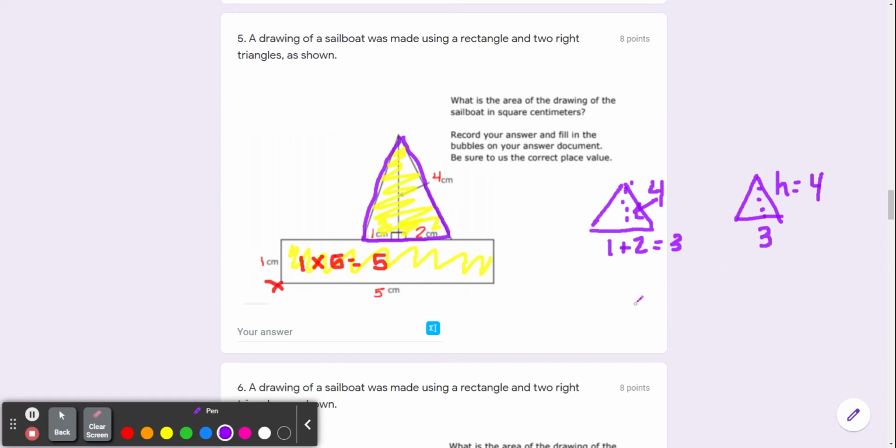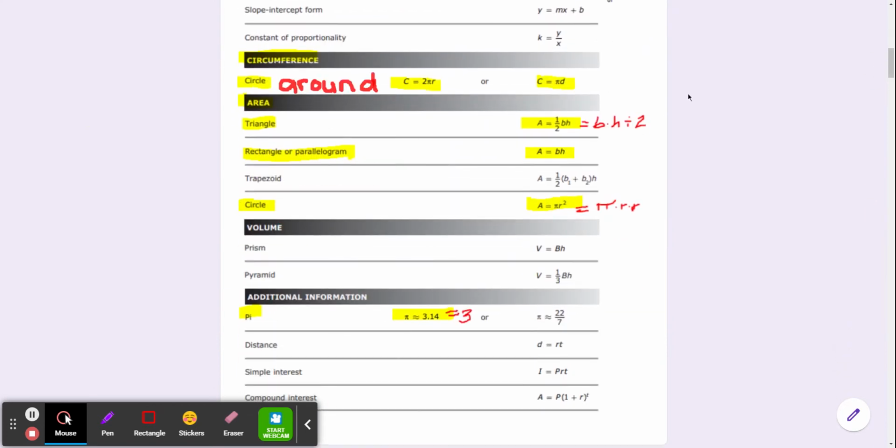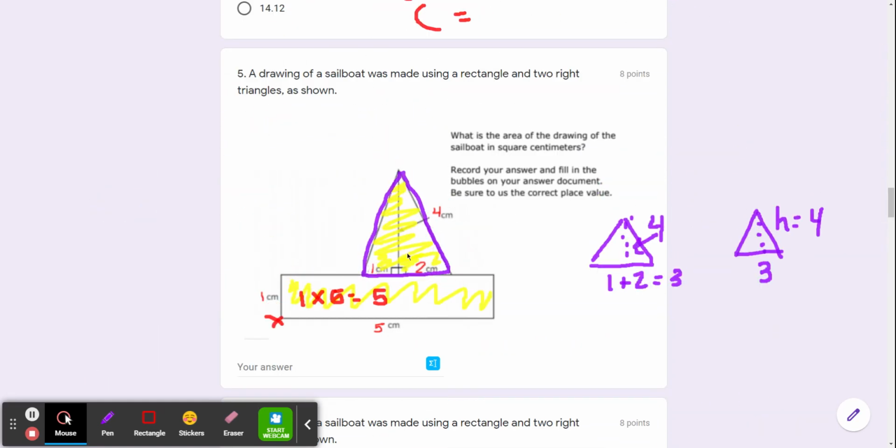So now to find the area of a triangle, my reference materials tell me to go back up. The area of a triangle says base times height divided by 2. So base times height, 3 times 4.